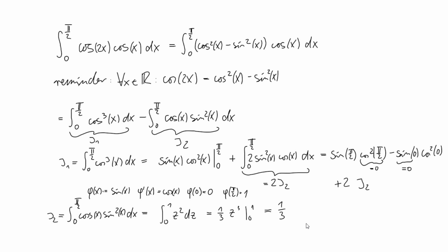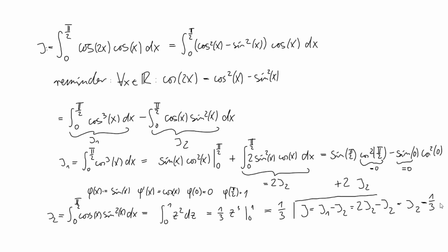So what we get in the end is, maybe let's call the integral that we initially wanted to compute I. So what we have now is I equals I1 minus I2, and we just got that I1 is equal to 2 times I2, so this is 2 times I2 minus I2, and this is just I2, and as we computed previously, this is just 1/3.